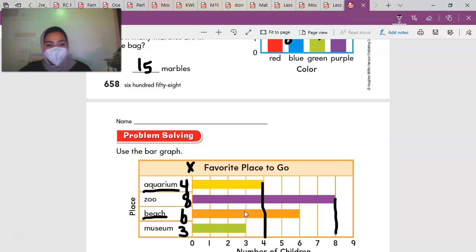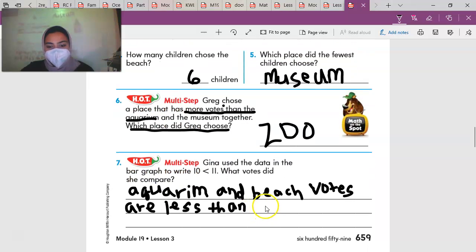Which two make 11? Zoo and museum. Very good. So we're going to write less than zoo and museum. Pretty easy, right?